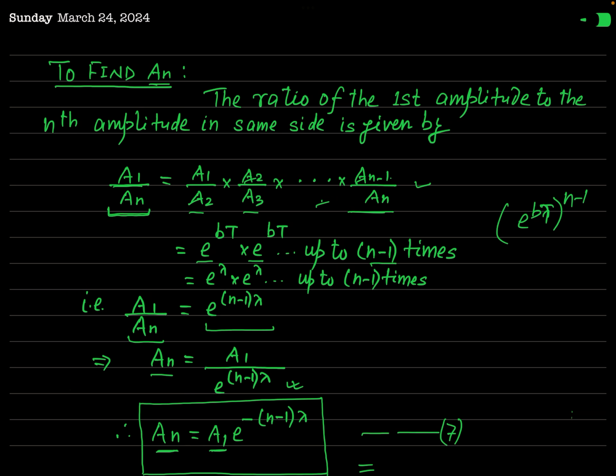So these facts are all about the logarithmic decrement, and I hope you have understood clearly all the steps and calculations, and in this way I have completed all the concepts regarding this damped harmonic oscillator.